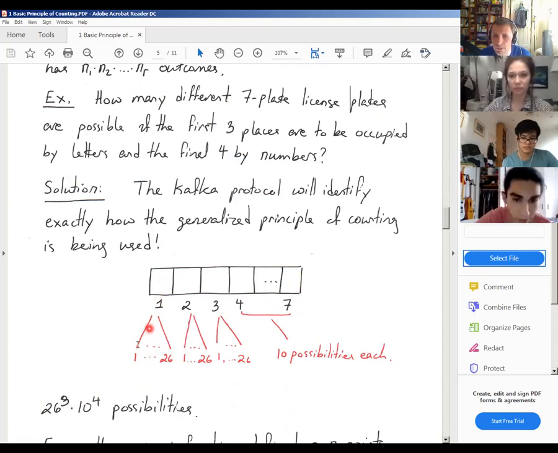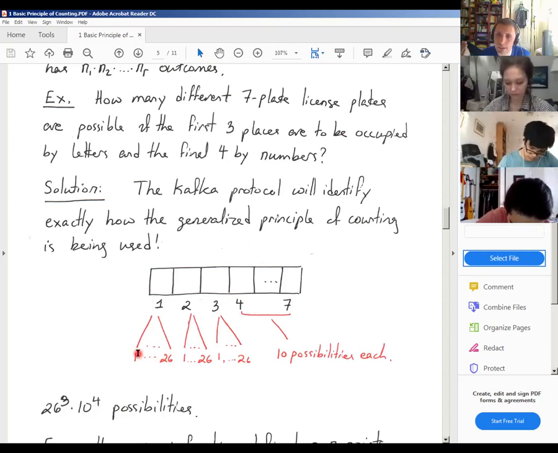So the first experiment is to select a letter. There are 1 all the way to 26 letters, right? The first letter is A, the second letter is B, the 26th letter is Z, I suppose. So there are going to be 26 possibilities here, 26 possibilities here, 26 possibilities here. So that would be 26 to the power of 3 possibilities. So 1, 2, 3 produce a super experiment of the form 26 to the power of 3.